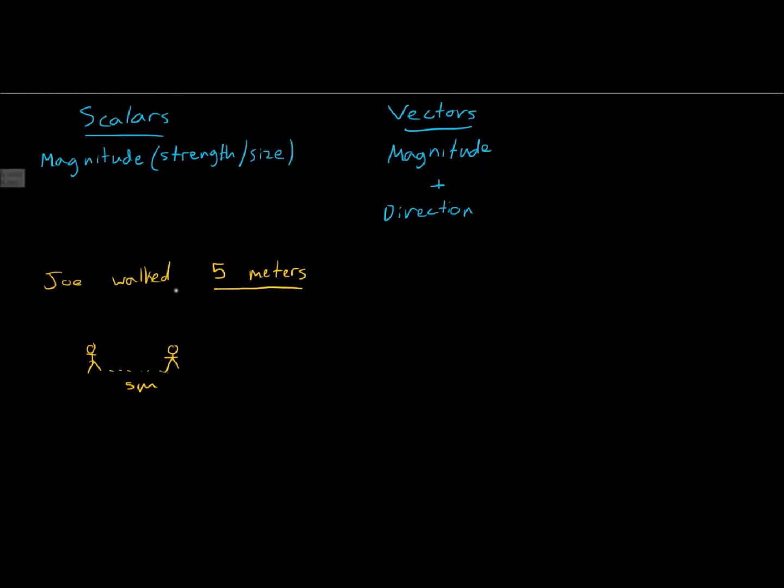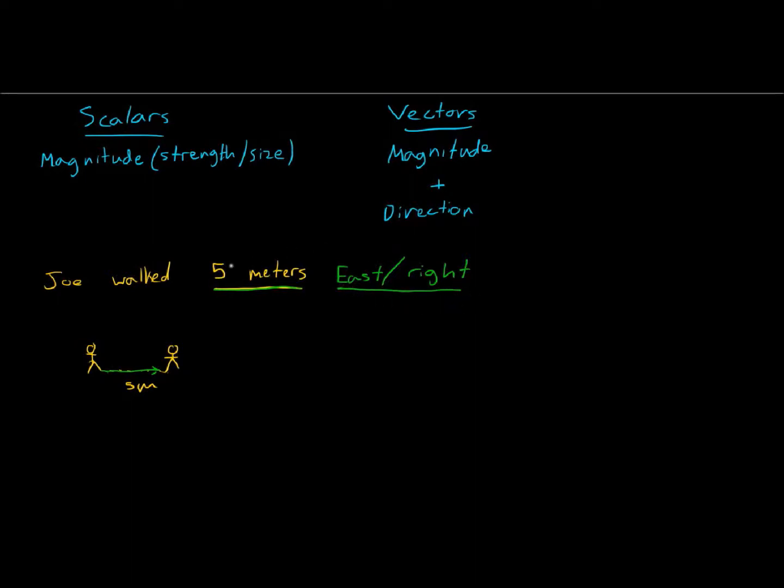Now, if we change the sentence to say, Joe walked 5 meters east, or you can consider it in this picture to the right. So now we still have our magnitude, right? But now we also have a direction.